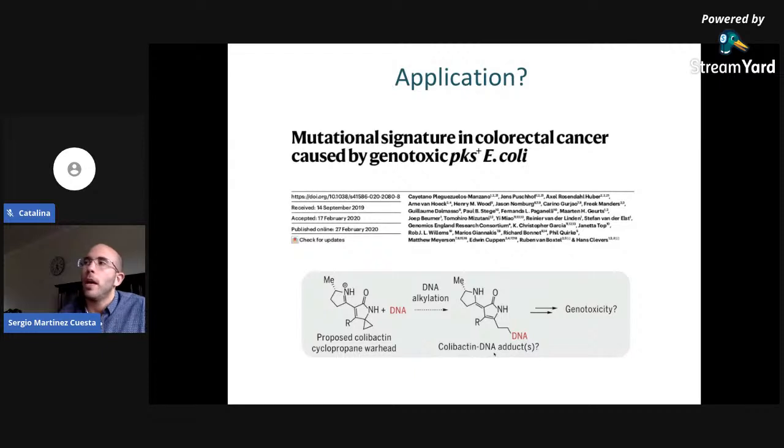So little is known about the molecular intermediates of this process, and the potential application of our method is to be able to hypothesize whether that intermediate to genotoxicity might be an abasic site, and yeah, that's something that we're currently looking at.